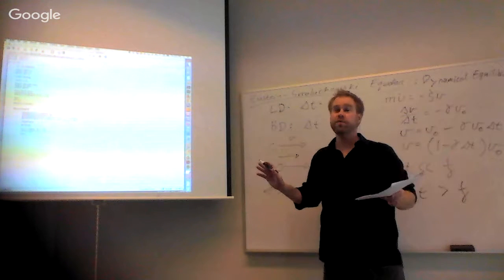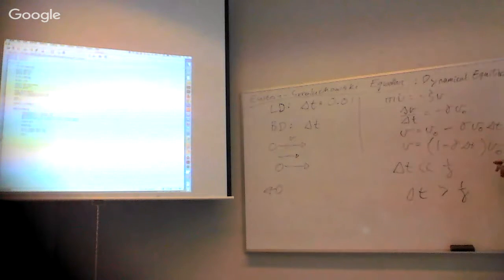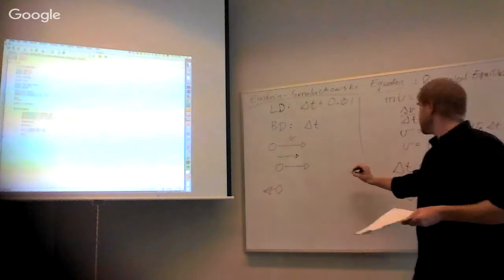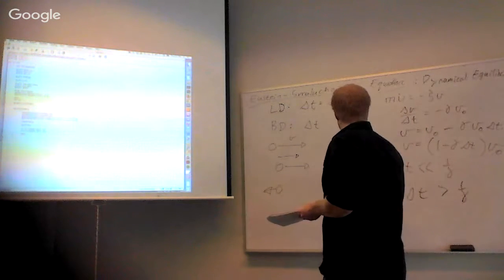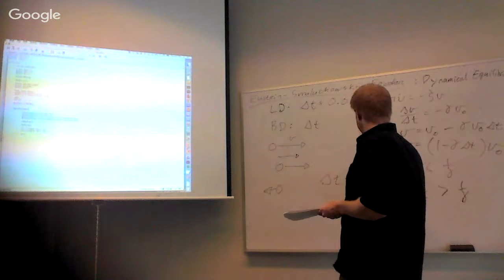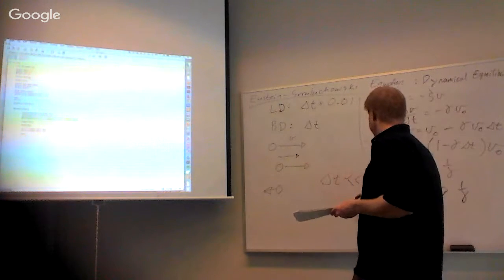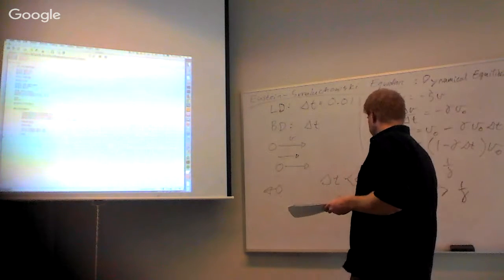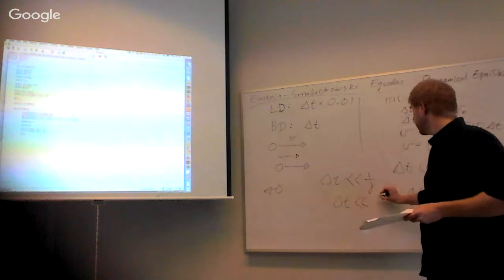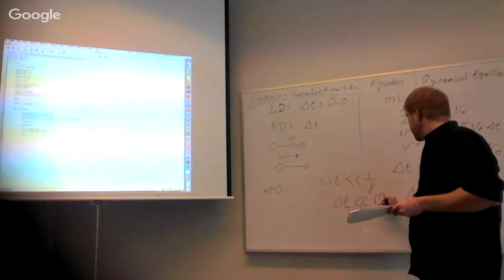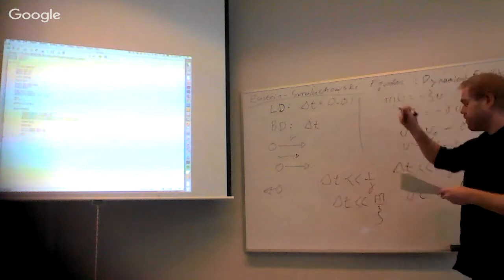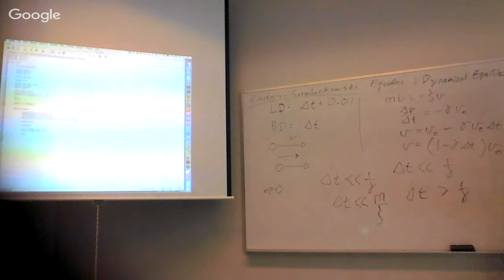So in Langevin dynamics, there's a maximum time step. Typically delta t must be less than, and preferably significantly less than, 1 over gamma. What is 1 over gamma? That is mass over zeta. Do you guys remember what gamma is in words?